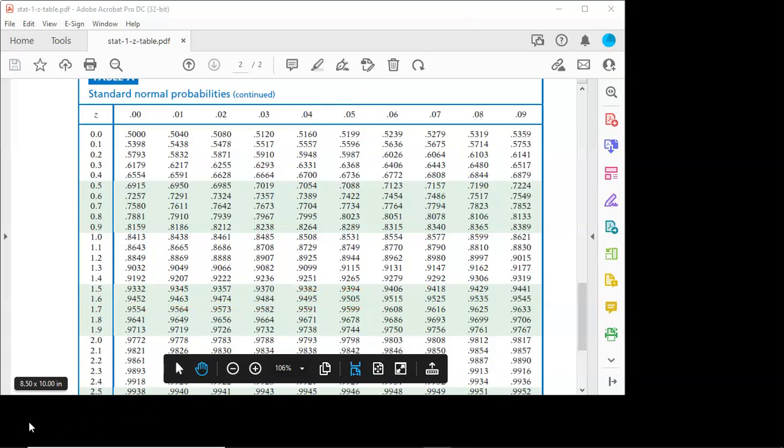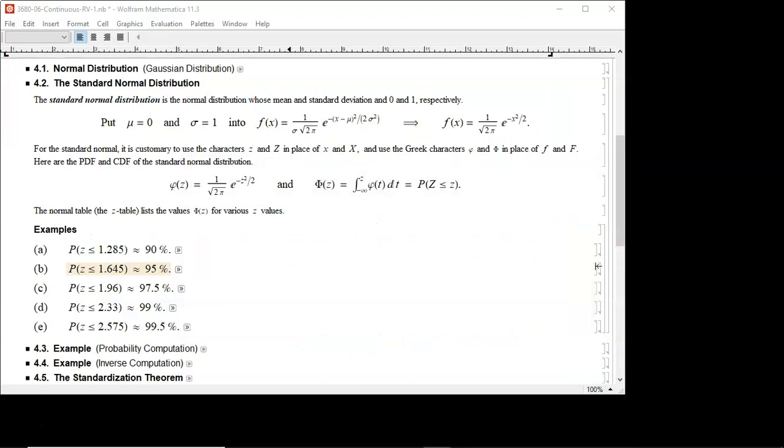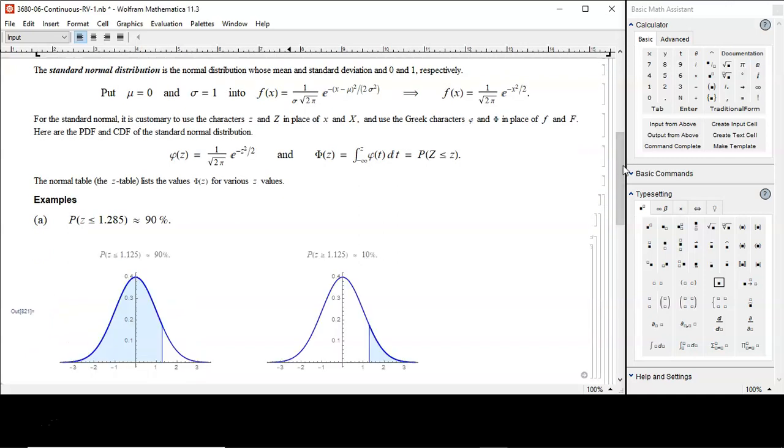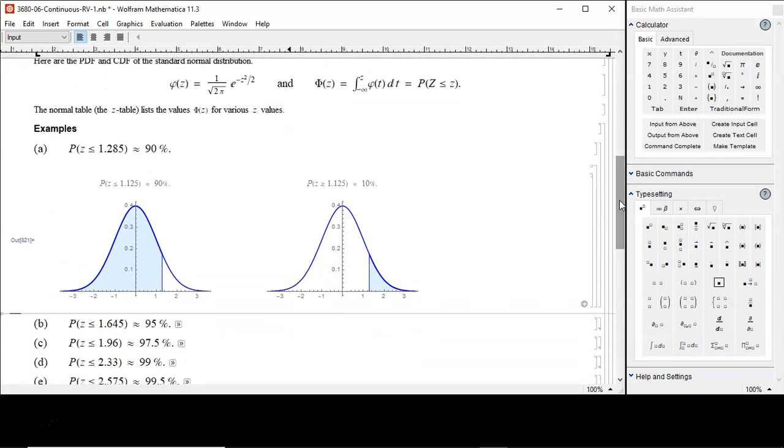Now let's go back to this Mathematica notebook. So 1.285 here, to the left is 90%. By default, to the right is about 10%.